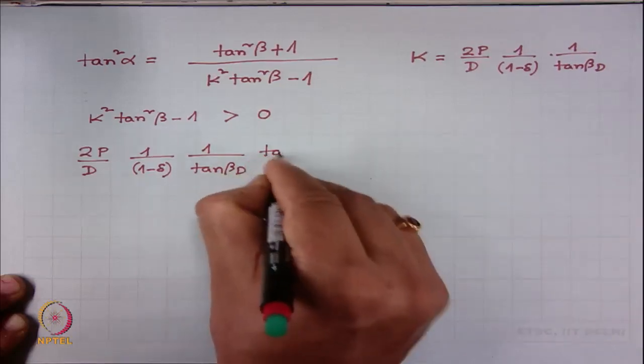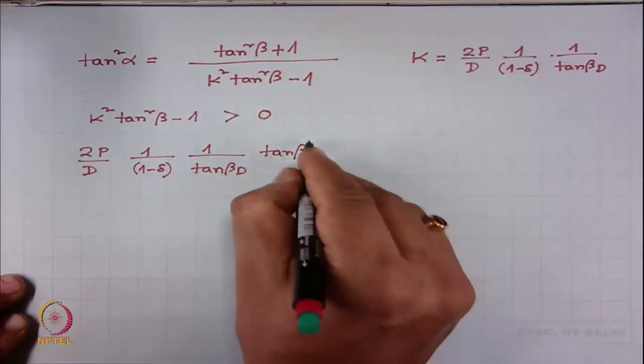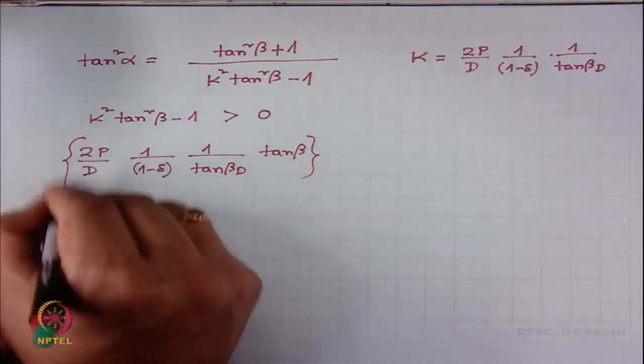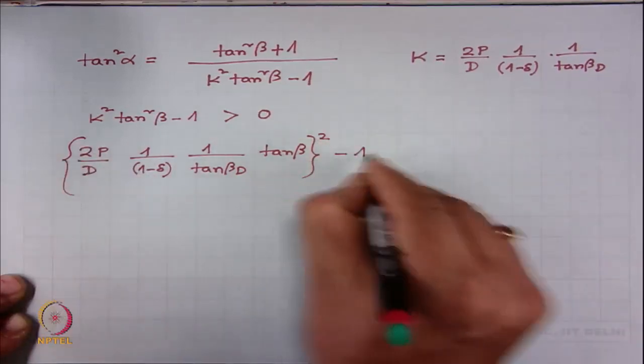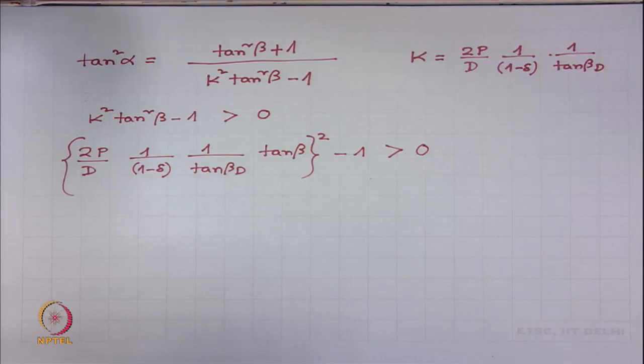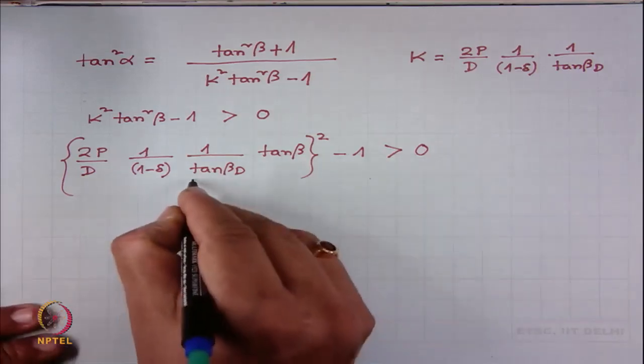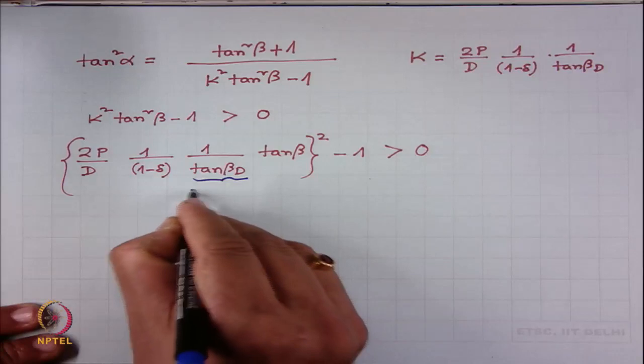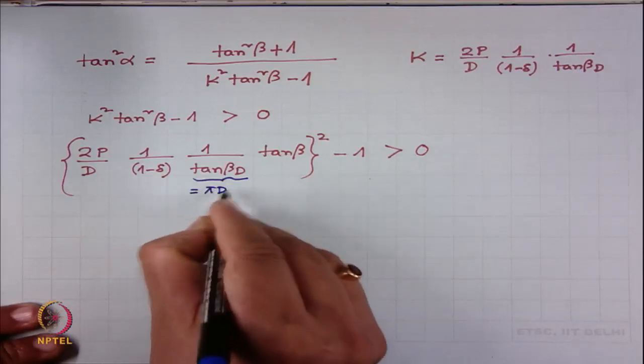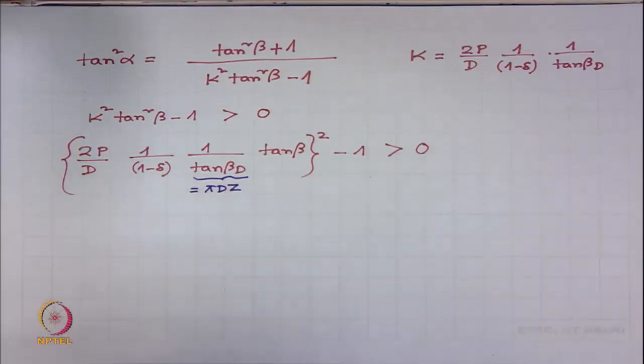Here also tangent of beta square minus 1 must be greater than 0. What is tangent of beta d? That is equal to pi dz. And what is tangent of beta? 2 pi rz.